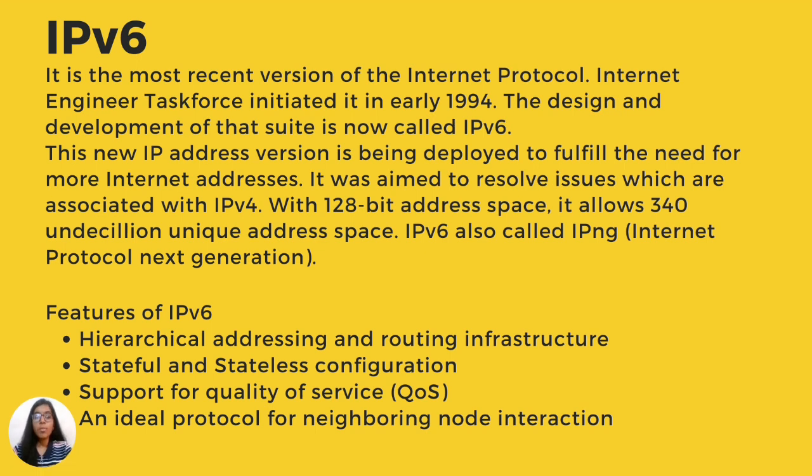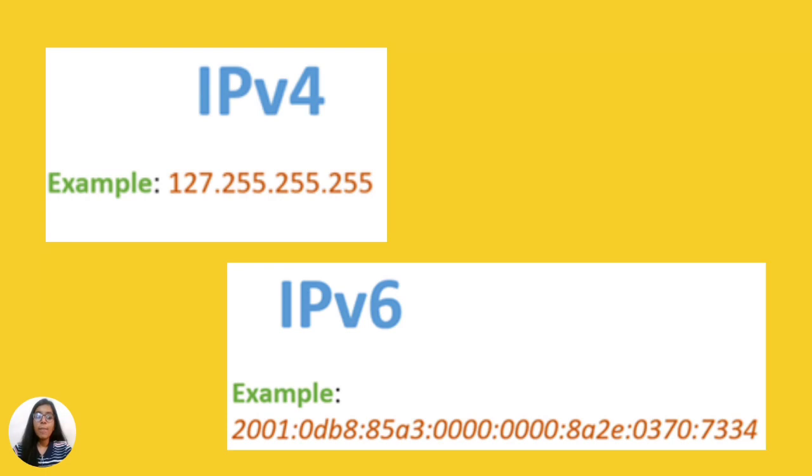With 128-bit address space, it allows 340 undecillion unique addresses, which is a huge number in itself. IPv6 is also called IPng, that is Internet Protocol Next Generation. IPv4 address uses only numbers and the octets are separated by dots. IPv6 uses alphanumeric format and separated by colons.